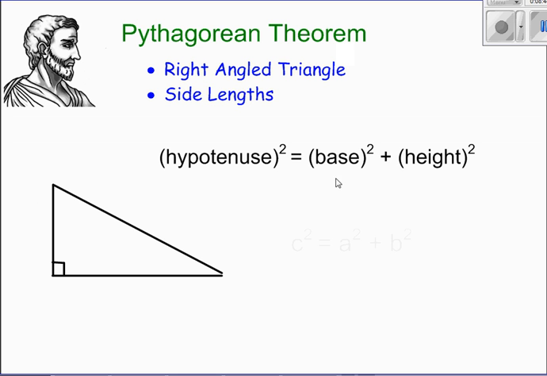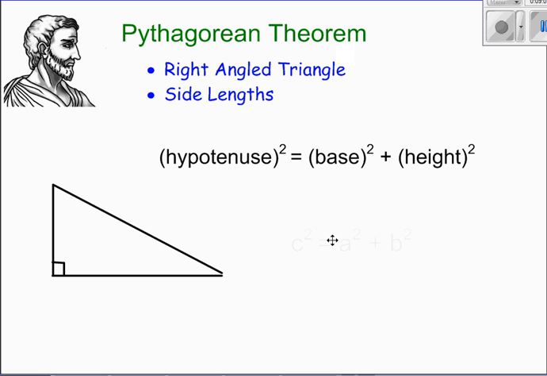You'll notice that we have base and height, and those are the sides that meet at this 90-degree angle. That's a really important concept: using the words base and height mathematically implies that there is a 90-degree angle between the base and the height. So hypotenuse squared is equal to base squared plus height squared.